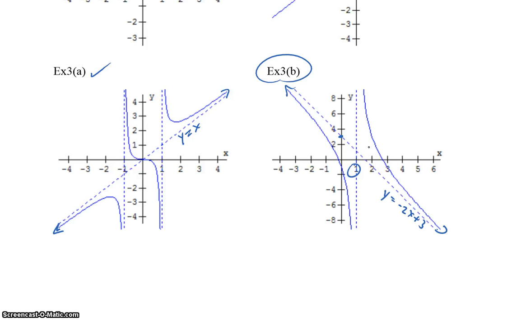One thing I want to point out for both of the examples in example 3 is that there is no horizontal asymptote. You can have slant asymptotes along with vertical asymptotes, but slant asymptotes and horizontal asymptotes never occur together with a rational function.